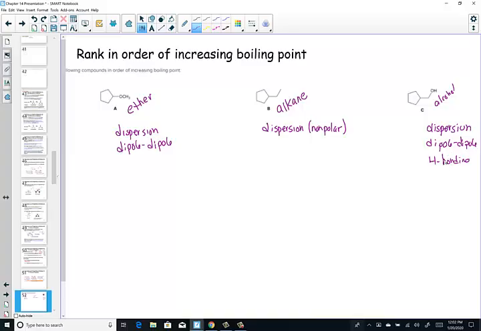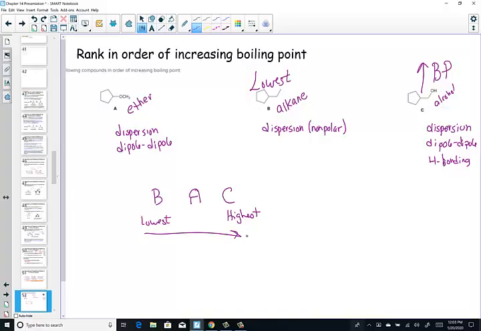Hydrogen bonding, and therefore this would have the highest boiling point. This would have the lowest boiling point, and letter A would be right in the middle. So the lowest, followed by the ether, followed by the alcohol. We've ranked these from the lowest to highest in that direction. Excellent work.